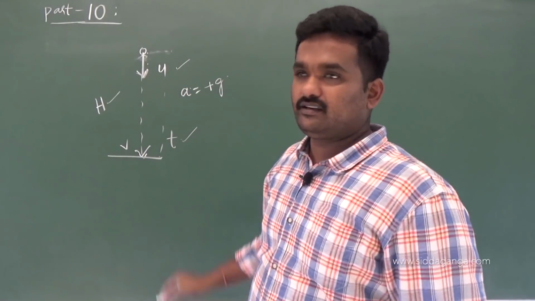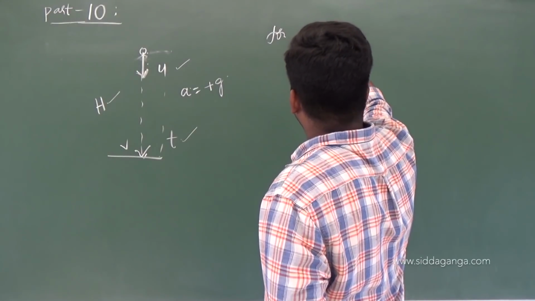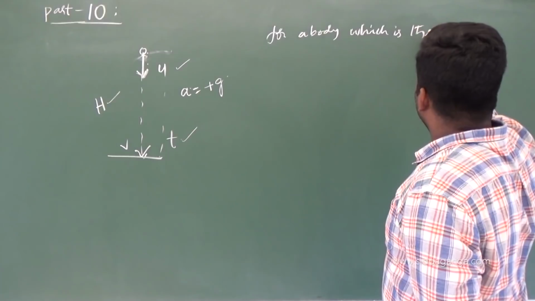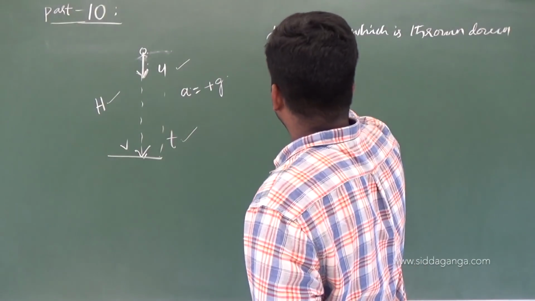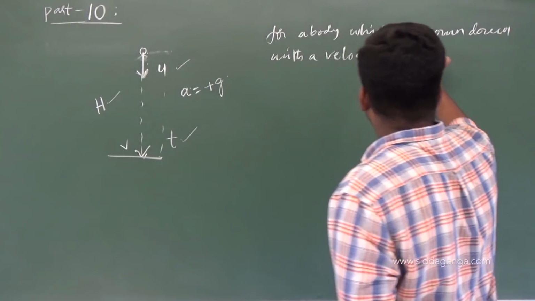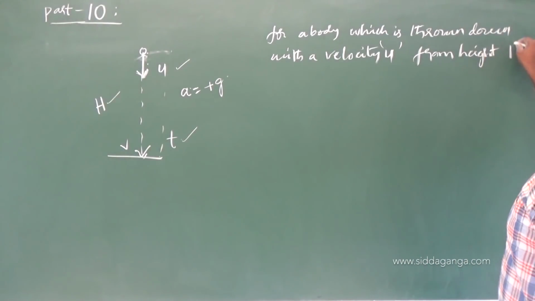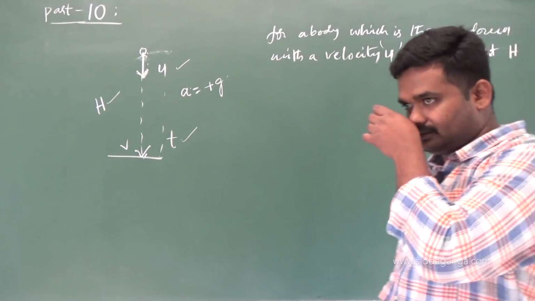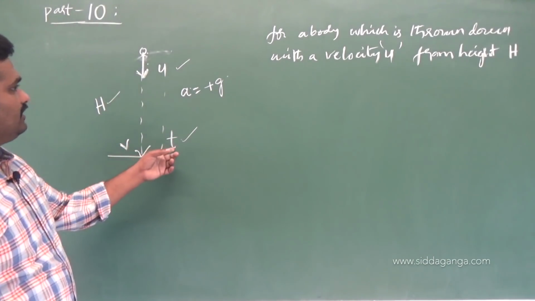What equations do you have to write? For a body which is thrown down with velocity u from height h, I am going to write the velocity on reaching the ground and the time taken.